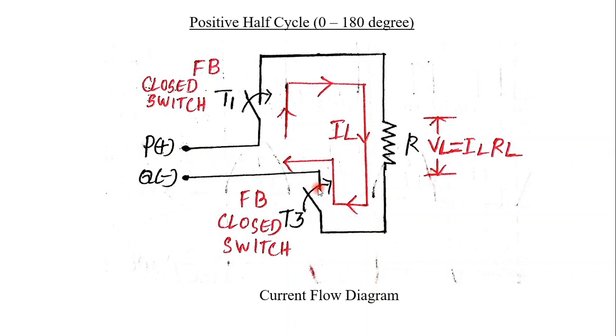In the positive half cycle T3 is also forward biased. Applying the firing pulse to T3, it also starts conducting, and the current flow ends at Q. So the direction of current flow is from here to here.